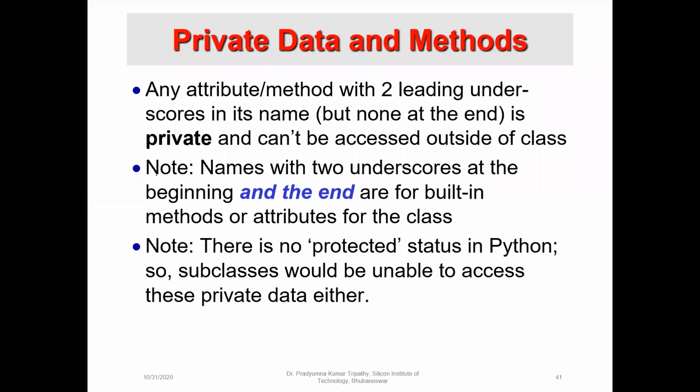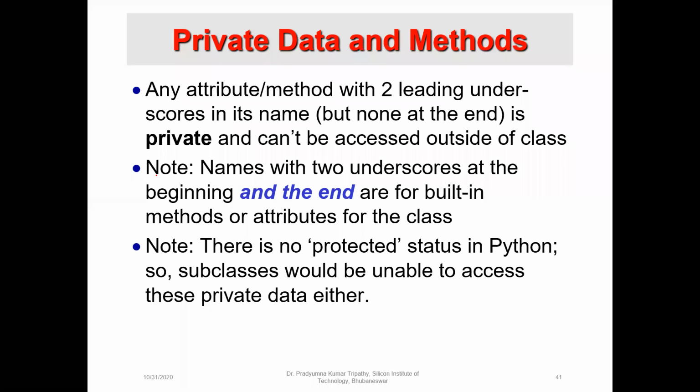Okay, we'll talk about private data members and methods. I have told you that till now, the data members or methods we have discussed are public. That means they can be accessed by using the object name directly.